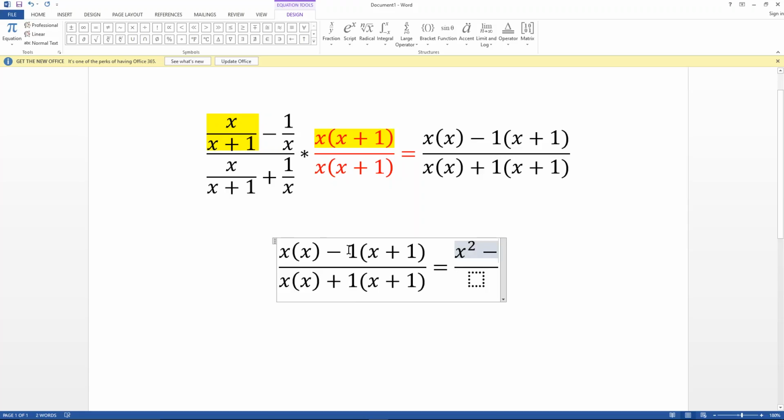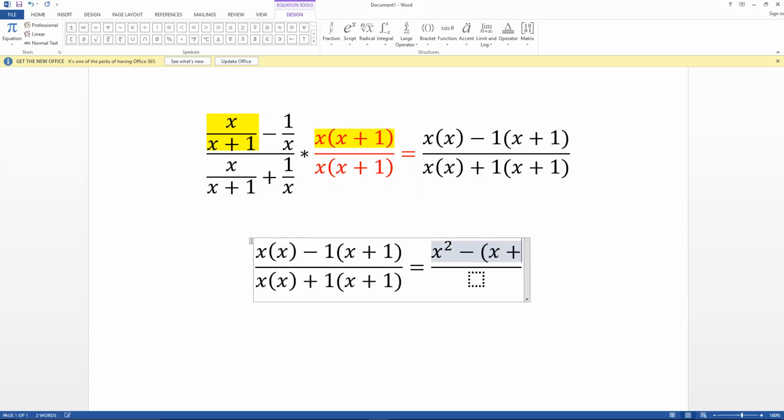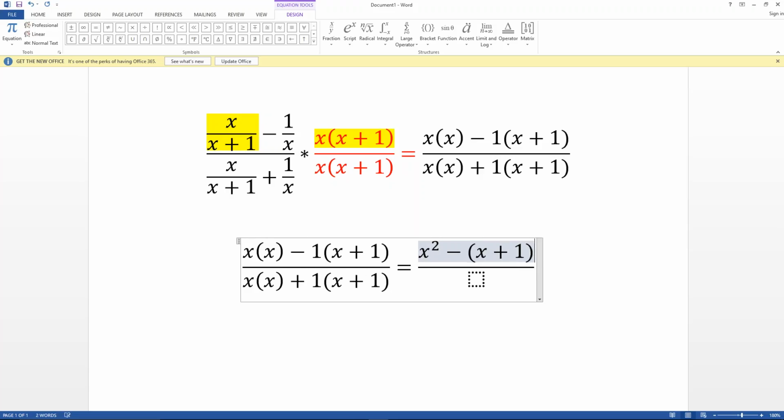Can I drop that 1 right here? Yes. Okay, so minus. I'm going to put in parentheses still x plus 1. And at the bottom, what's x times x? X squared. And I'm going to drop that 1 plus x. X plus 1. Right.